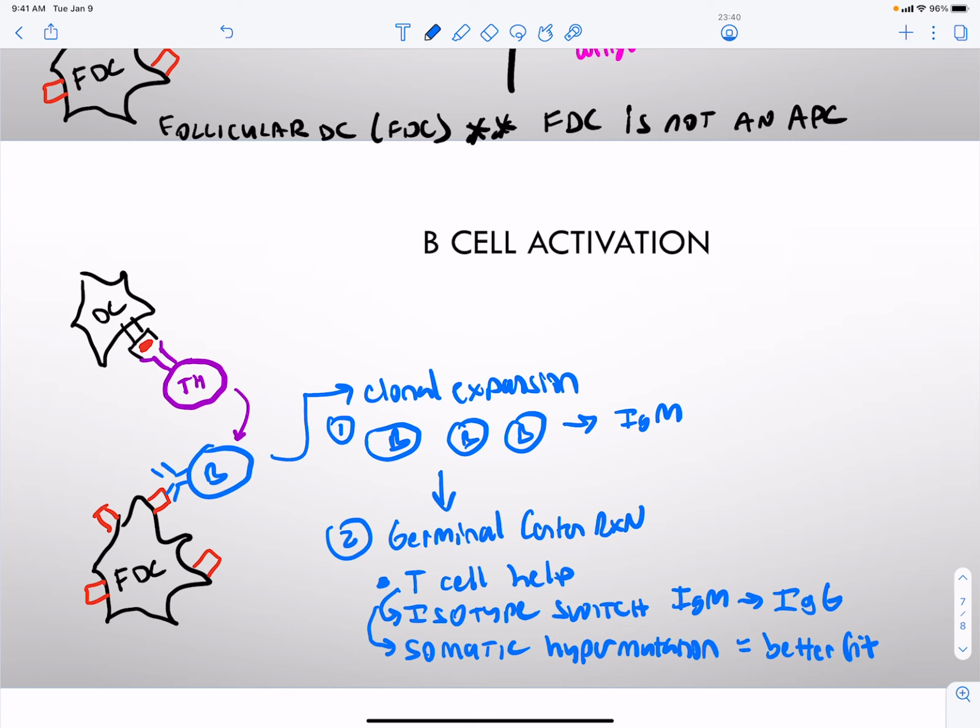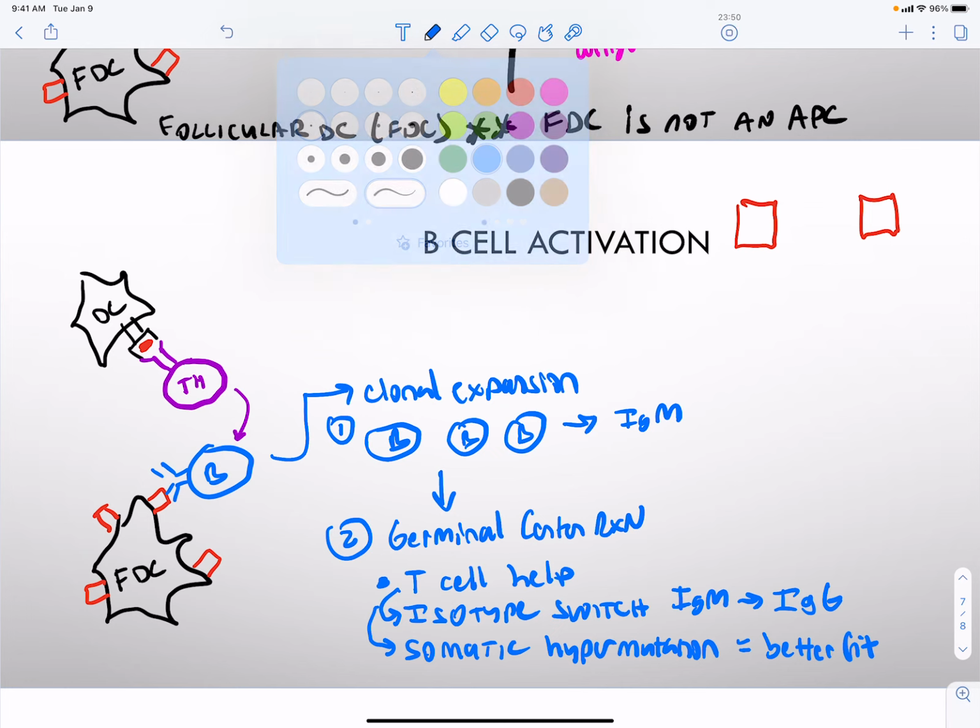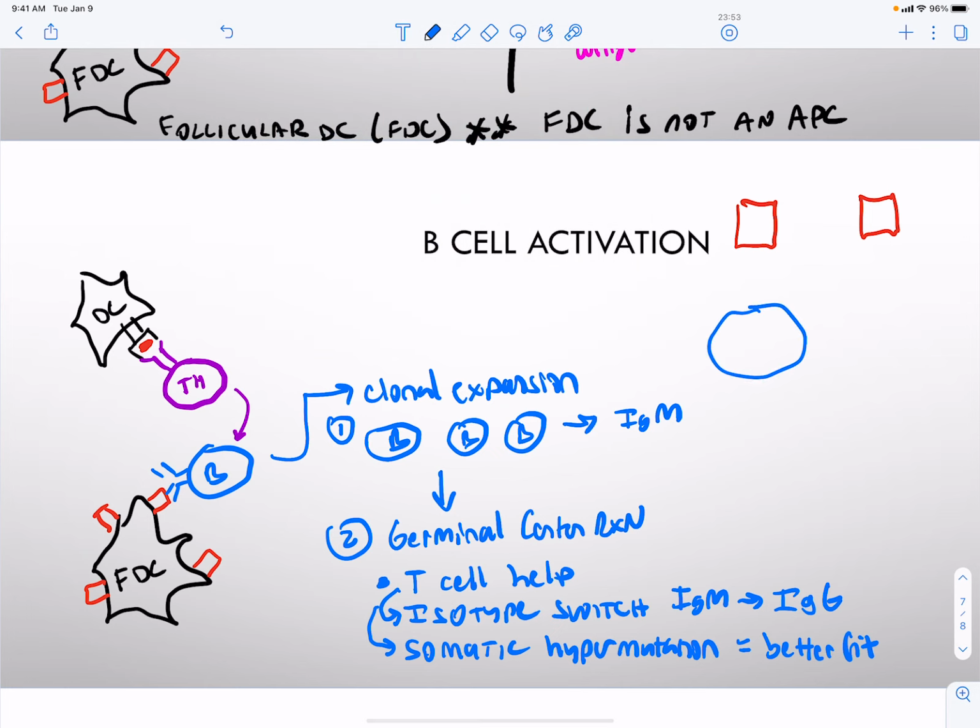And so, for example, if we have our antigen here and it's this red square, make two of them, you have our B cells, and they have on their surface the B cell receptor. And let's say this B cell is going to recognize this corner of this antigen, and let's say the B cell looks like this.